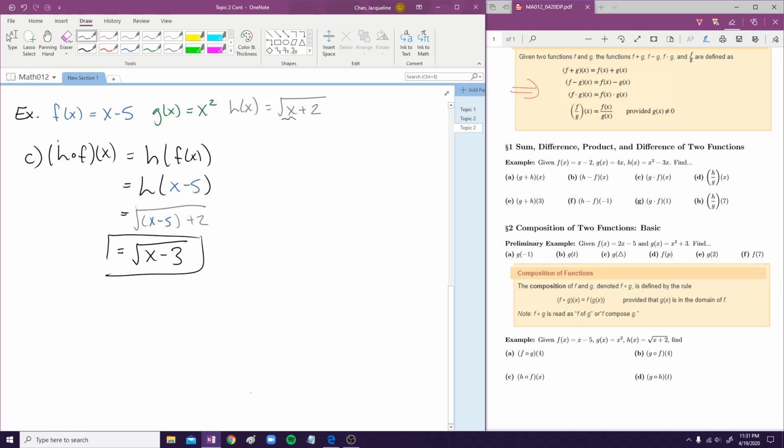Right? And now D, our last example for the day, we want to find g of h of t. Okay? So what is g of h of t? Usually when we say it, it just means there's going to be a parentheses around it. So that's why when I do it, I'm just thinking g of, parentheses, h of t.